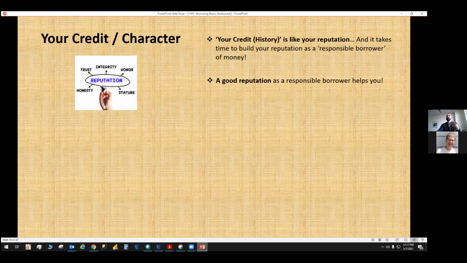So it's important to pay your bills on time. It's important to pay off your credit card every month if you're able, because those things positively impact your credit history, and they will push your credit score higher. When your credit score is higher, you get access. What it means to a lender is that you are a responsible person.